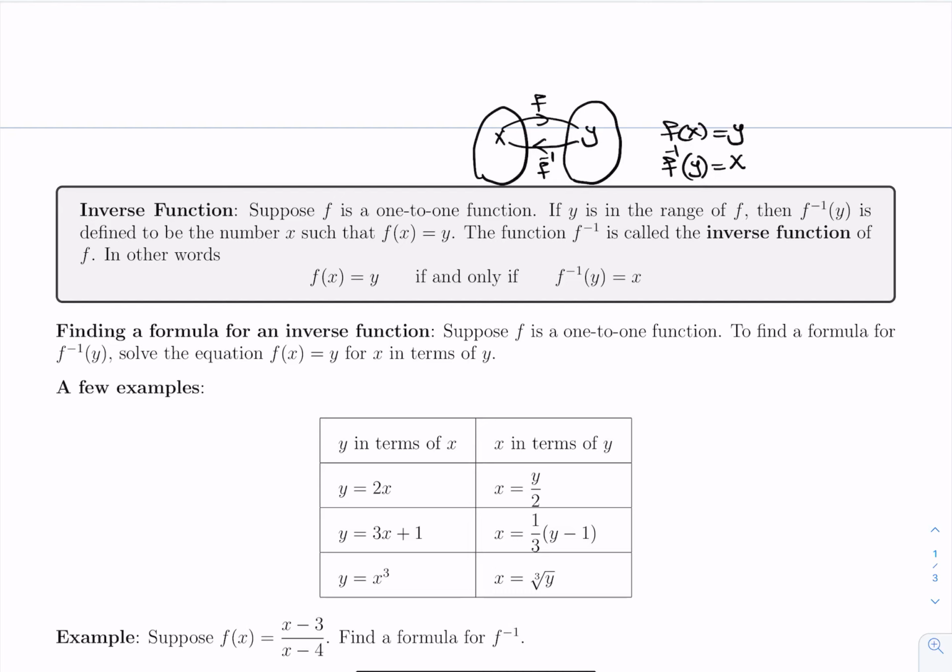So f inverse of y will be equal to x if and only if f of x is equal to y.